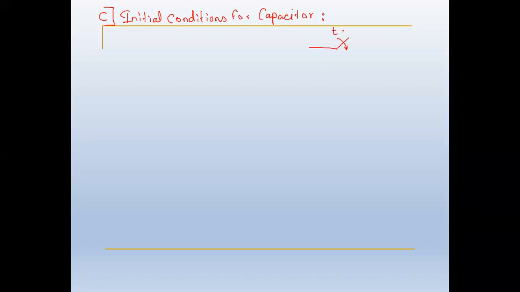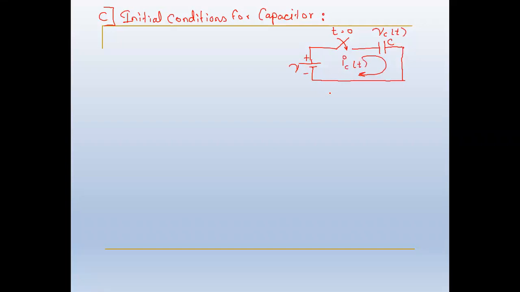Let us consider this switch is connected across the voltage source and a capacitor. Vc of t is the voltage across the capacitor at the instantaneous value, with plus and minus polarity, and the current here we will define as Ic of t.